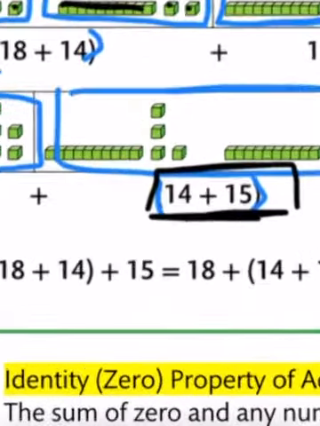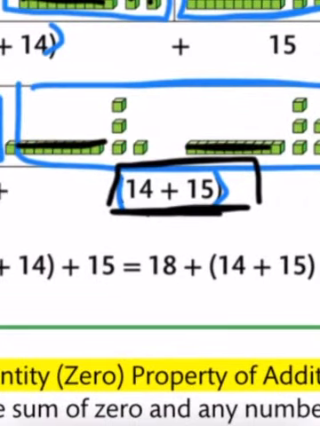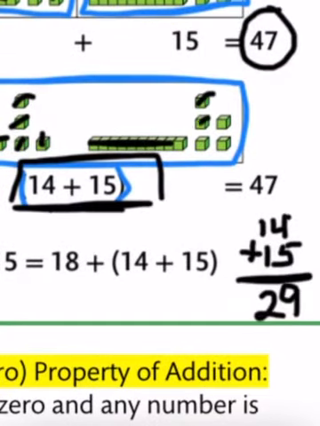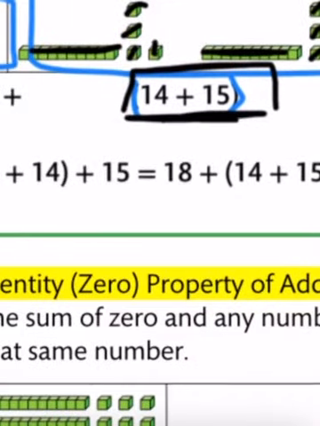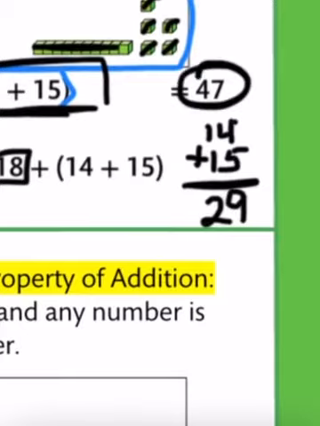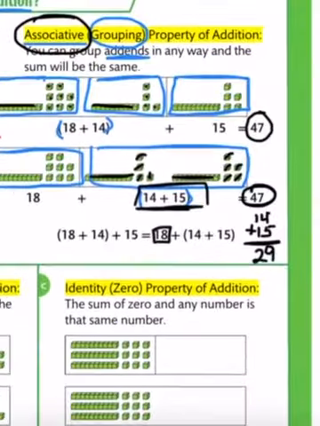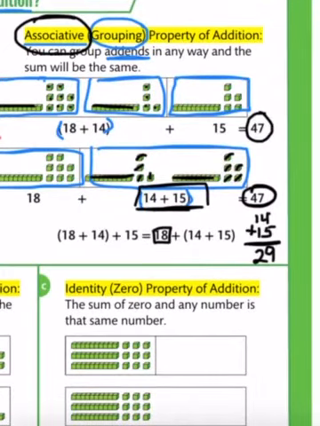Or we can look at the blocks. 10, 20, 21, 22, 23, 24, 25, 26, 27, 28, 29, just like I had. Then they add 18 to it, and they get 47 as the sum. So it doesn't matter which way you group them, if you're adding all of them, you end up with the same sum.